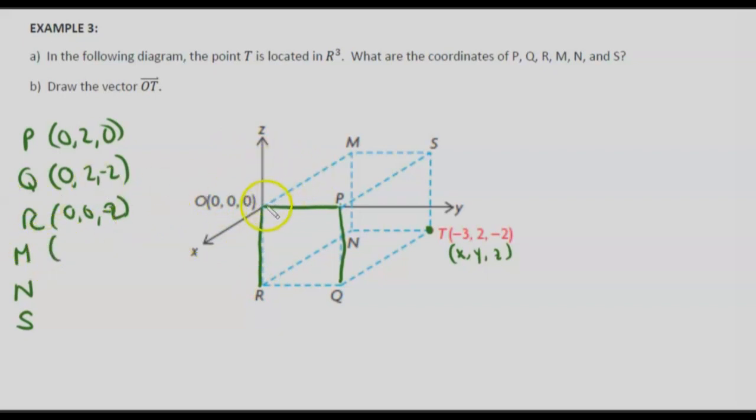M, so we're going along this x-axis for M, but we're going obviously in the negative direction. That's fine. As long as we draw it to M and we know that we are taking into account the x only, we have -3. So that -3 already takes into account that we're going in that negative direction. So -3, and then 0 in the Y direction, 0 in the Z direction.